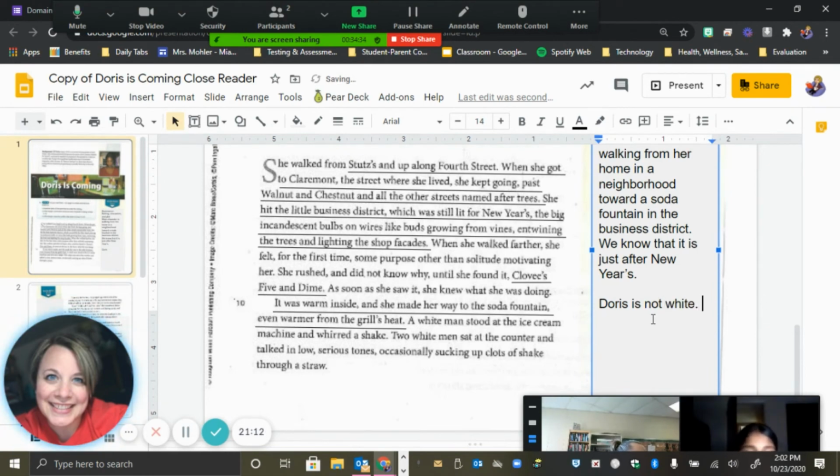And we know this because she takes note of it at the end of line 12. Two white men sat at the counter and talked in low, serious tones, occasionally sucking up clots of shake through the straw. She also talks about a white man who stood at the ice cream machine and whirred a shake.